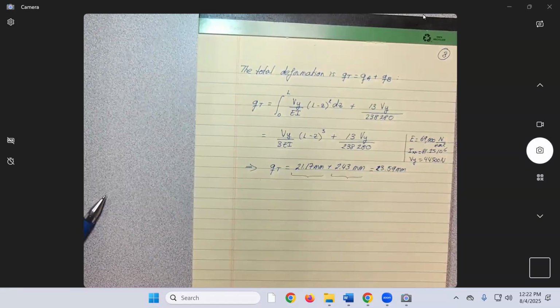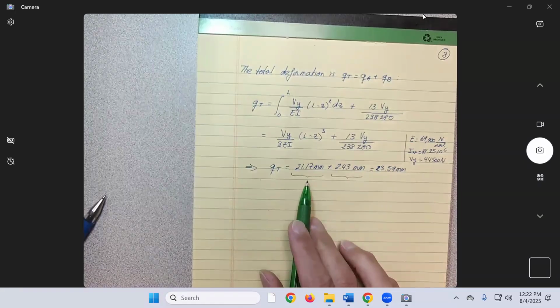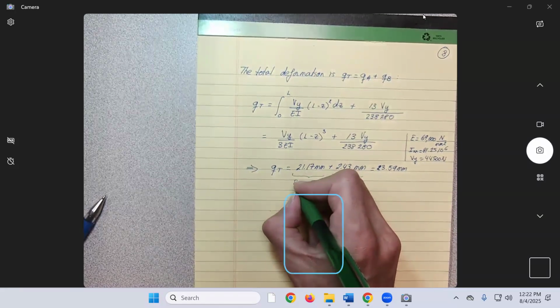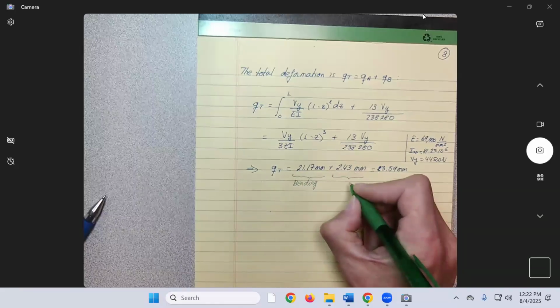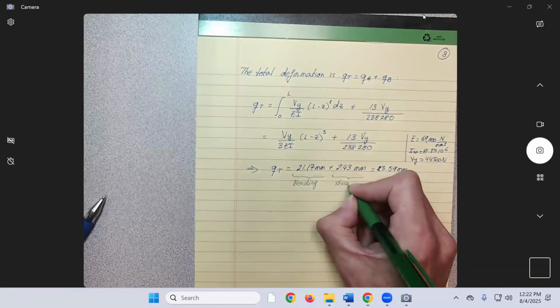So last thing over here. This term represents the deformation due to the bending. Remember, this is bending. This one here will be shear flows.